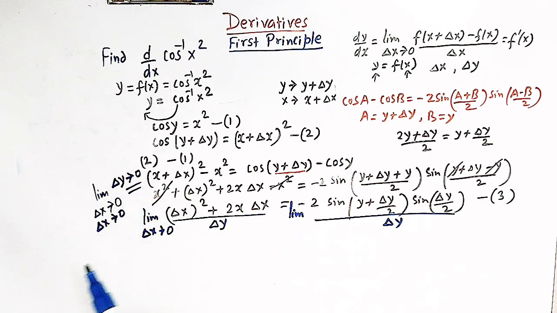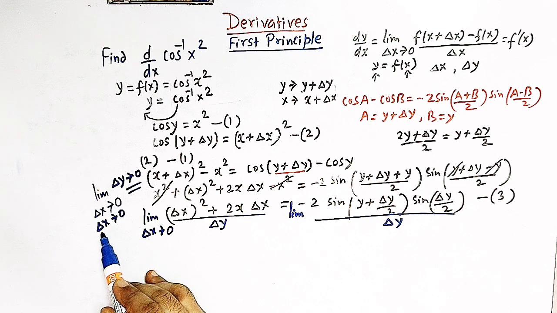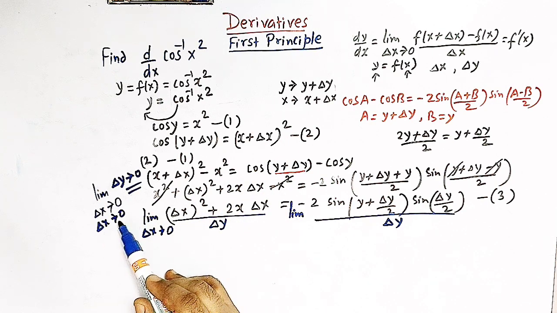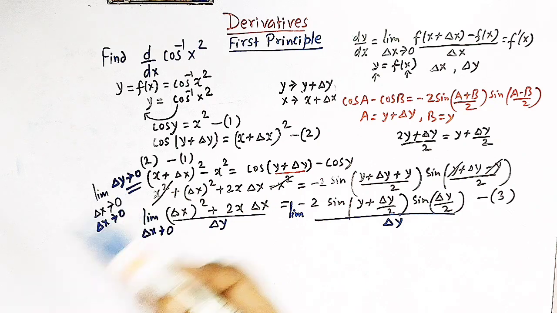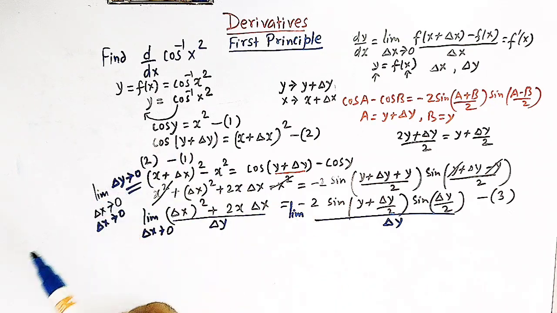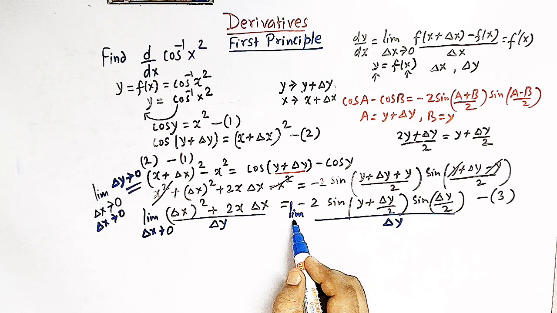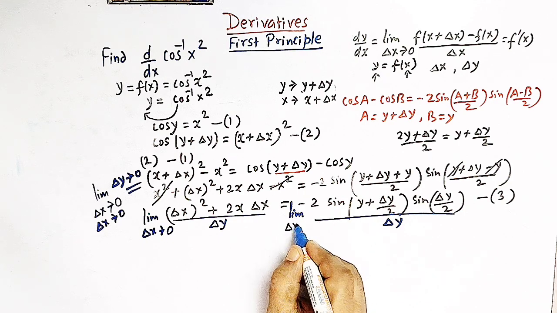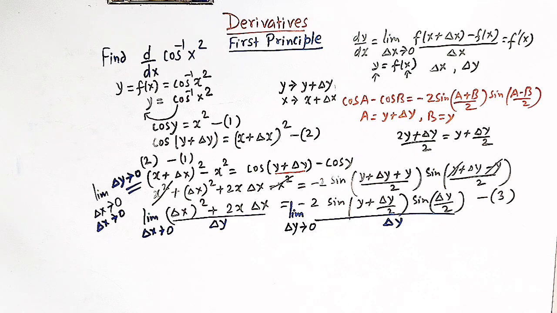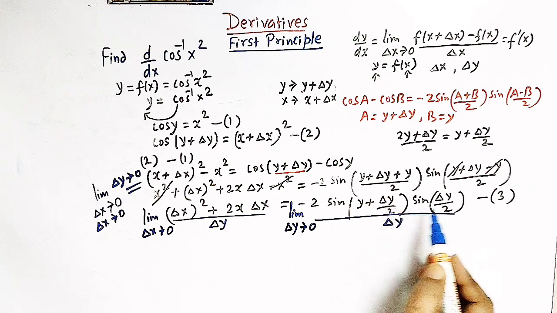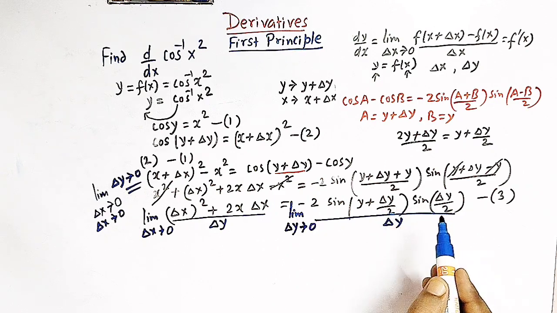So it implies that when the increment delta x is tending towards 0, then the corresponding increment in y, that is delta y, also tends to 0. So here, instead of writing delta x tends to 0, we can write delta y tends to 0, because when delta x tends to 0, delta y tends to 0. So here we have the term involving delta y.